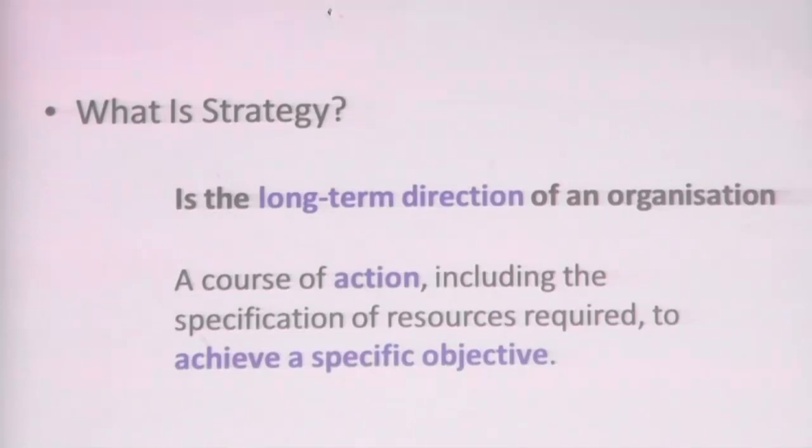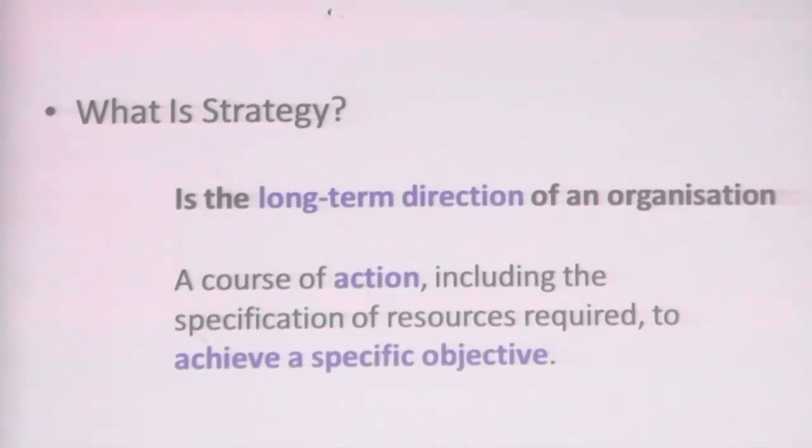There are so many actions, and for what? To achieve a specific objective. If you want to achieve a specific objective, there should be so many actions. In your private life also, if you want to be a chartered accountant, it is the objective that you are going to achieve. In order to achieve that, there are so many actions to be taken.